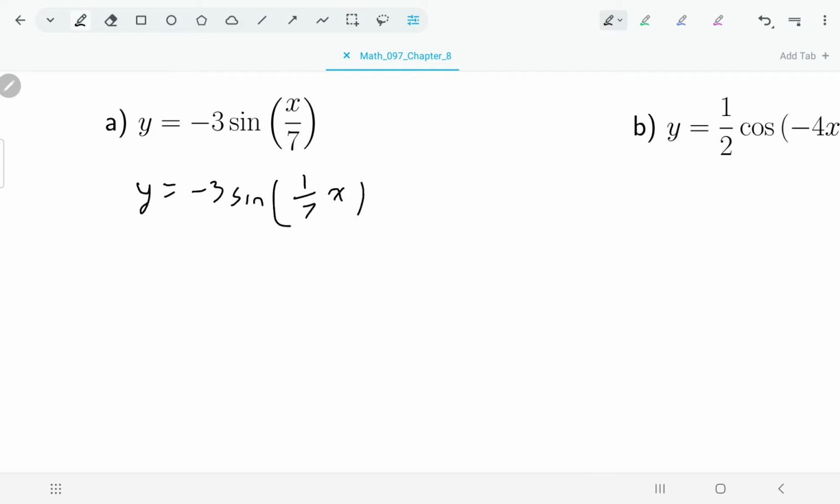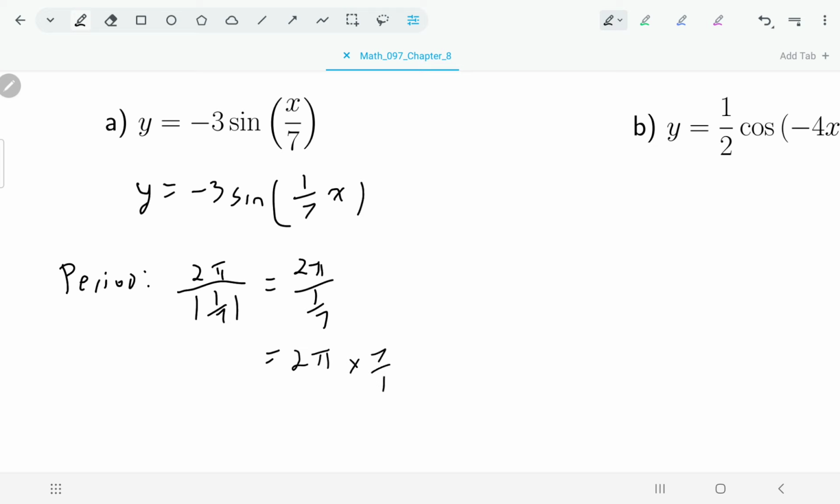So the period is 2 pi divided by the absolute value of 1/7, or 2 pi divided by 1/7, which is the same as 2 pi times 7 over 1. In other words, the period for this function is 14 pi.